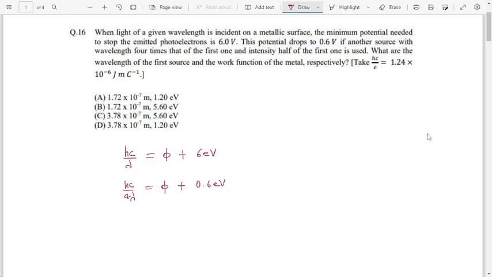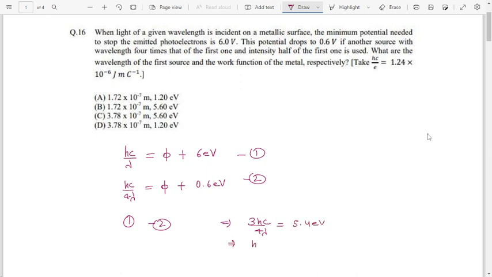So first of all, if you do equation 1 minus equation 2, we will get 3 hc by 4 lambda, which should be equal to 5.4 electron volt.